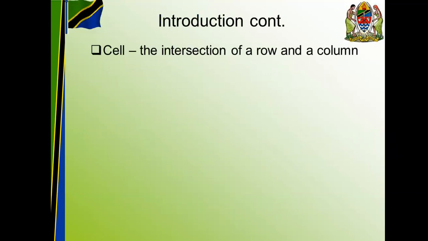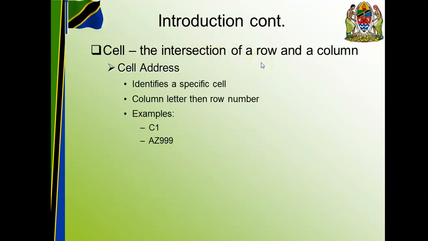Yeah, so in a spreadsheet there is a cell. So what is a cell? A cell is the intersection of rows and columns. Also in a cell there is something known as cell address. Cell address identifies a specific cell. So the cell address is like a name, the name of a cell.